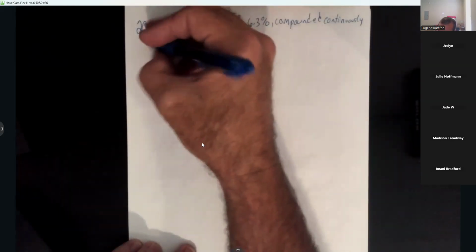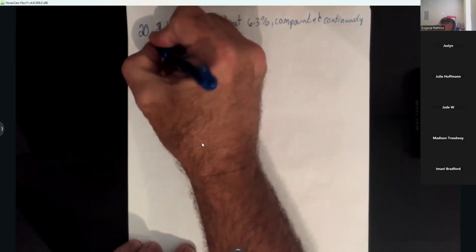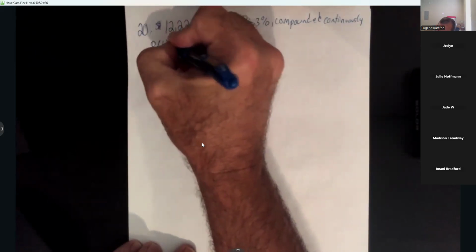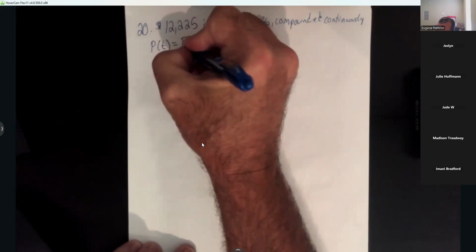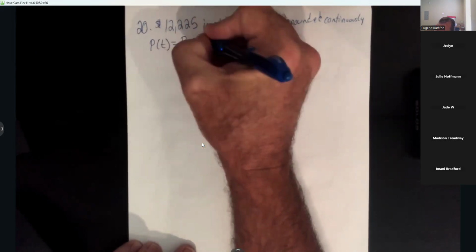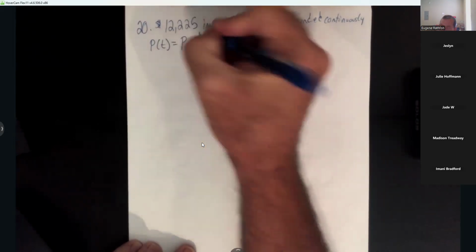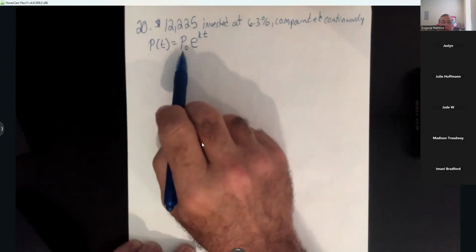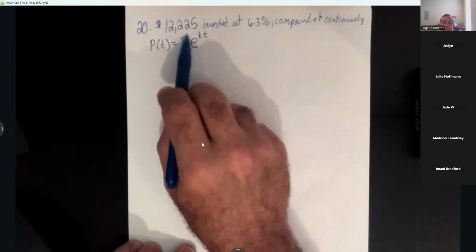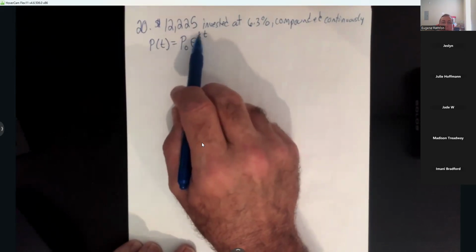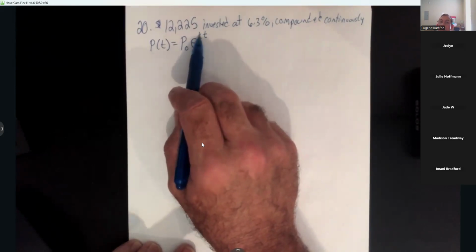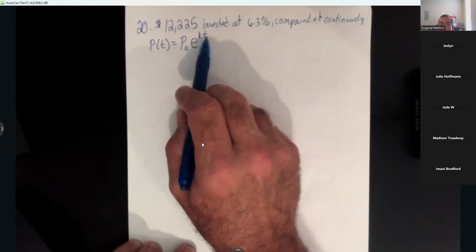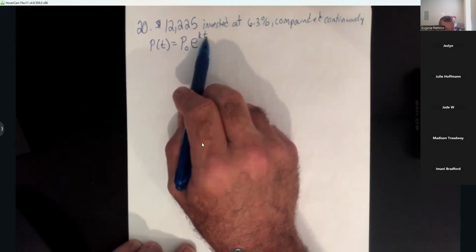For this one, we're going to use the formula P of T equals P initial times E to the KT. Same thing. P initial is my starting amount. K was my growth rate or my interest rate. T was my time in years, okay?